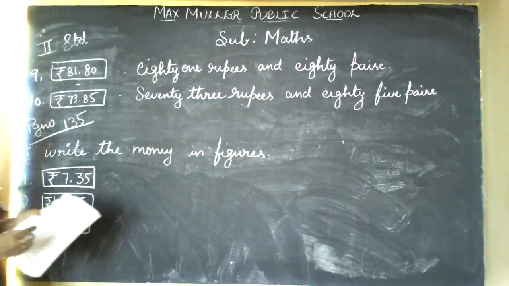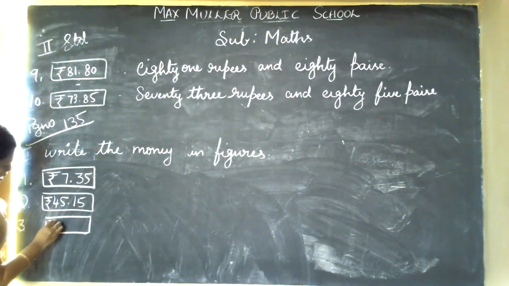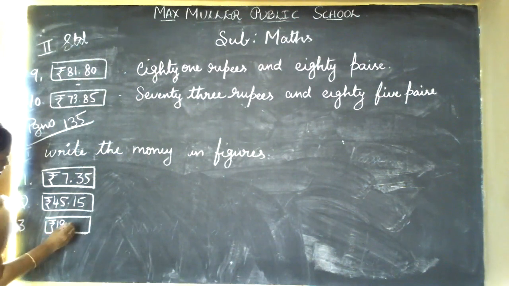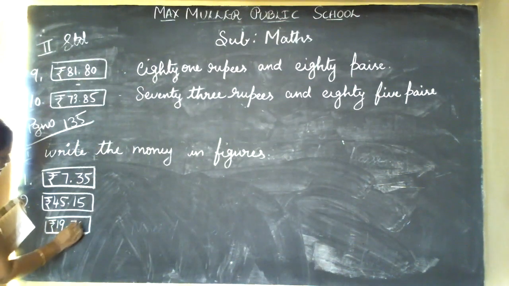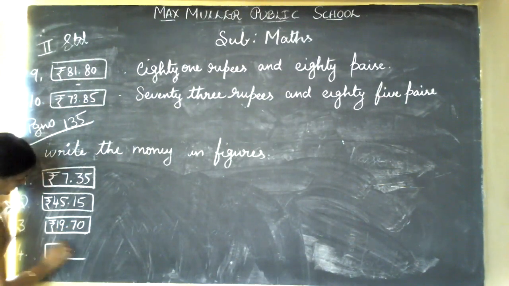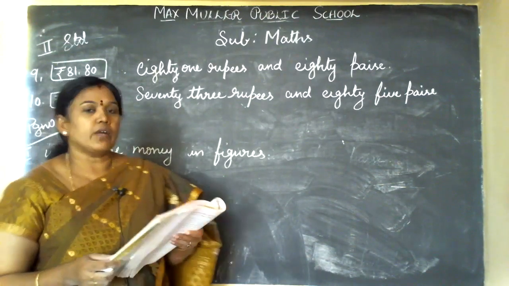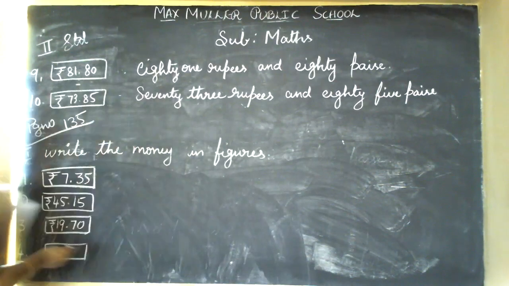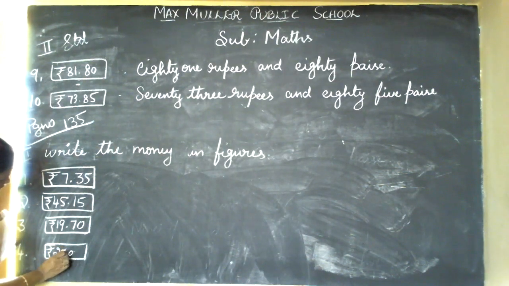Now third one, 19 rupees and 70 paise. 19 rupees sign, 19, you want to write dot, put dot and write 70 paisa, 70. Fourth one, 25 rupees and 5 paisa. See, rupees sign, 25 rupees, 5 paisa.